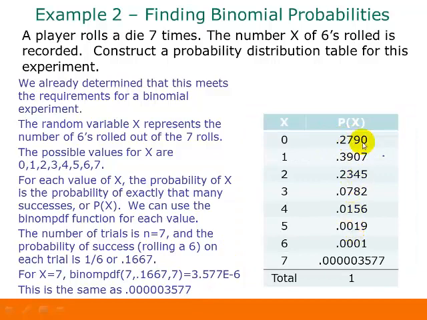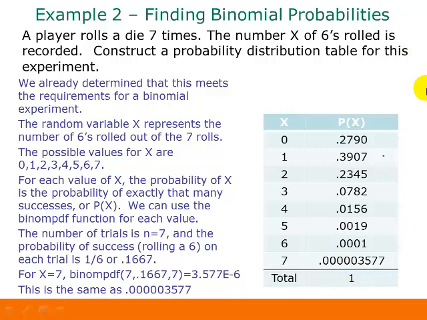So here are all the values you should get for your probability distribution. And in this one, if we rounded it to 4 decimal places, we'd actually get 0. I went ahead and put in all the decimal places just so that we could see what it was. And again, if you've done this correctly, if you add up these values, you should get 1.